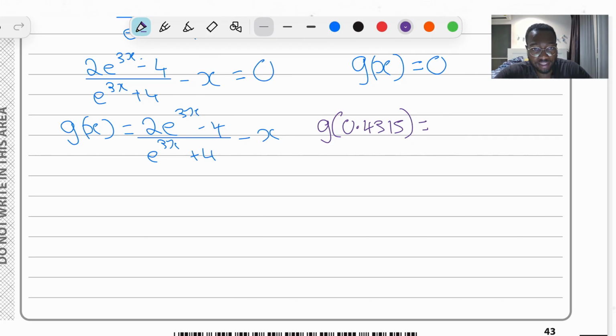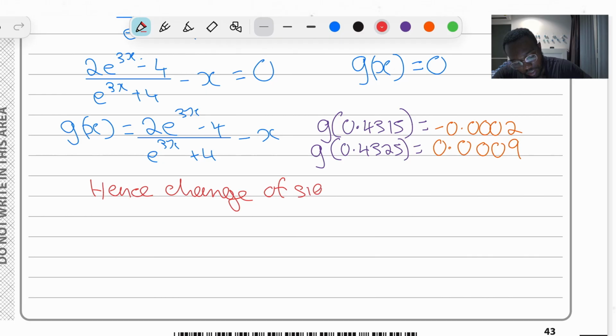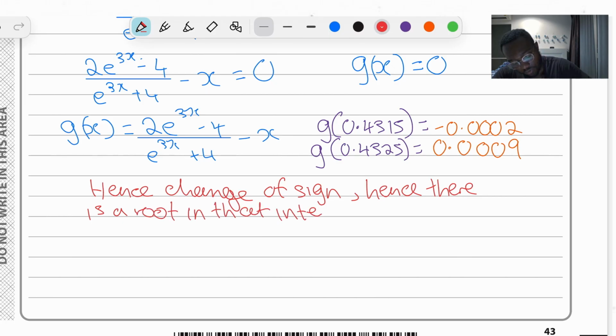If we put that into the calculator, we get an answer of minus 0.0002. If we do the same thing with 0.4325 in our g of x function, we get a positive 0.0009. Hence, we have a change of sign. Hence, there is a root in that interval.